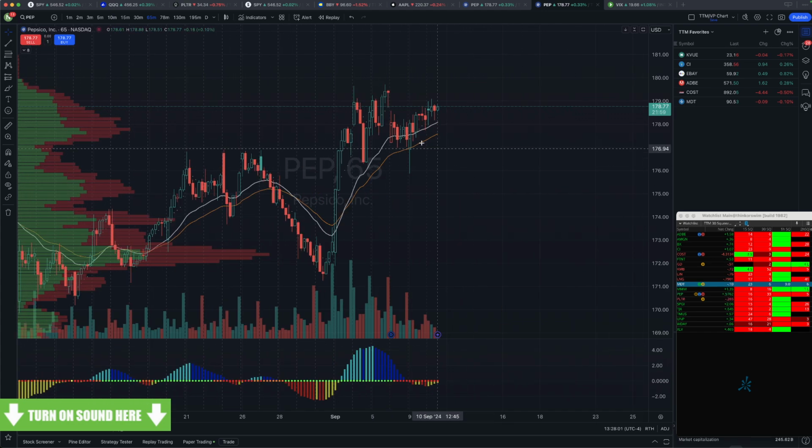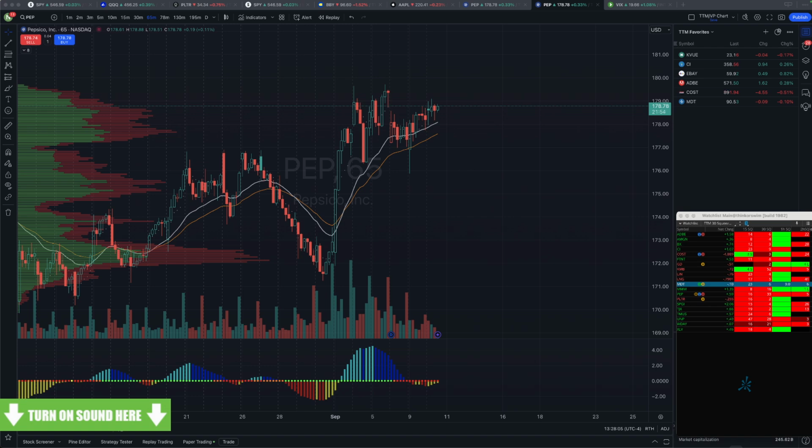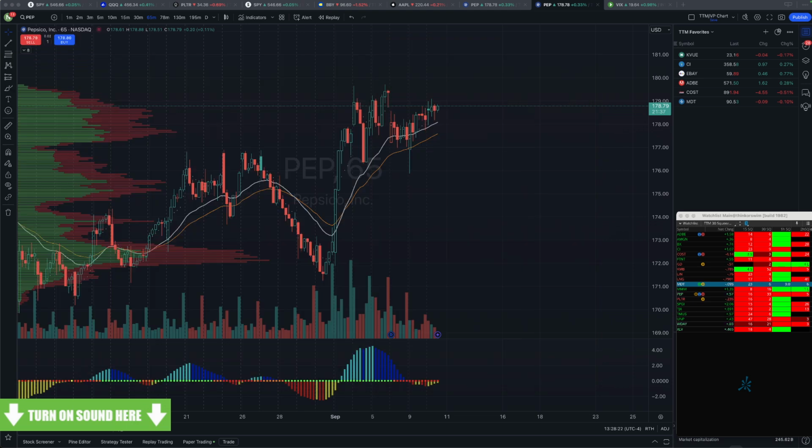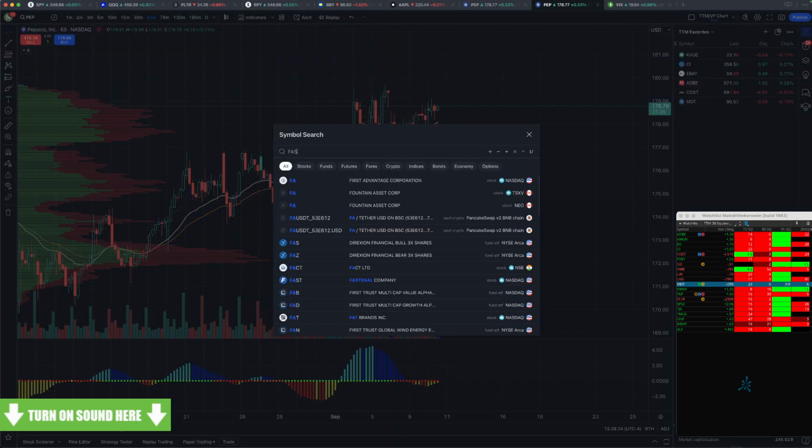Again, we come back to some of these names. As I switch, I want to look at the NASDAQ. I'm just running this scan off of SAM here, right? So we already looked at VSK. We were taking a glance at Adobe. Let's see what else we have. We have Fast.